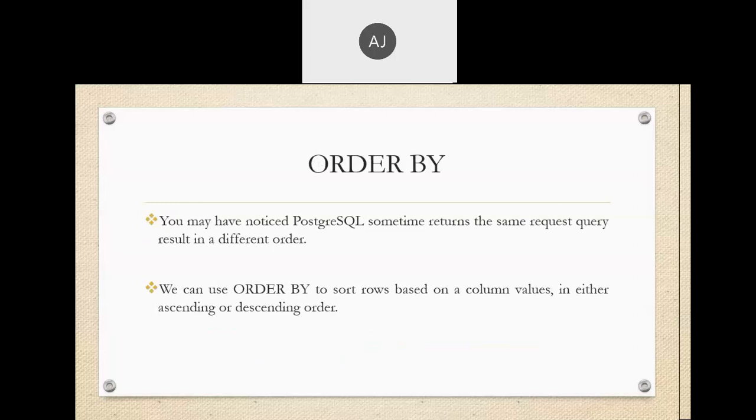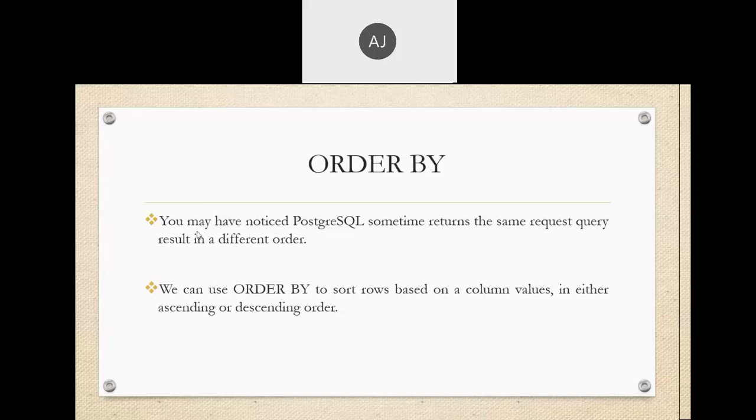In that case, we get the data in an improper, or random, format. If you require the rows and columns in proper formatting, in ascending or descending order, then we can use ORDER BY.